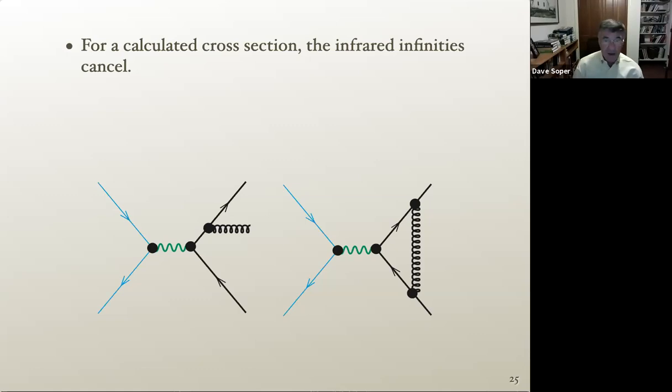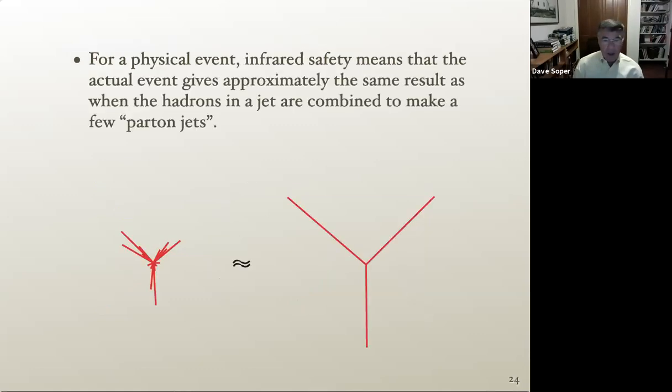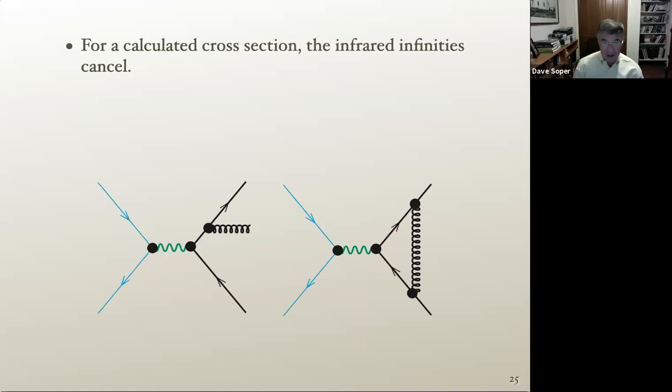And that's what happens. So in real physical events, the event you see in the detector looks almost like a parton event, so the measurement function is just about the same. And in a calculation, that property allows cancellation of the singularities between real diagrams and virtual diagrams.